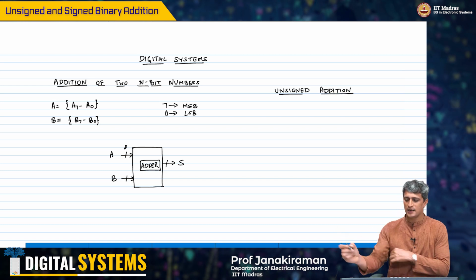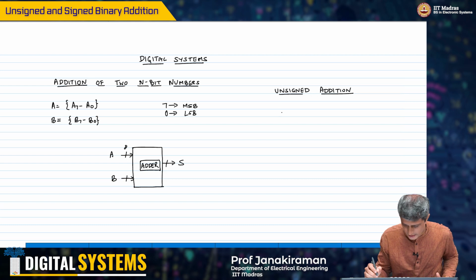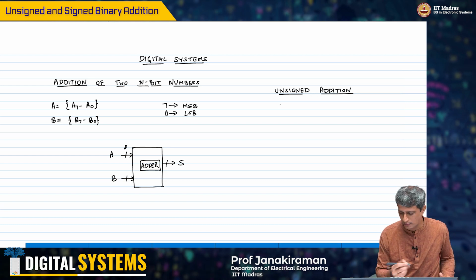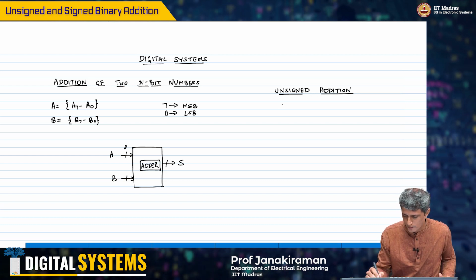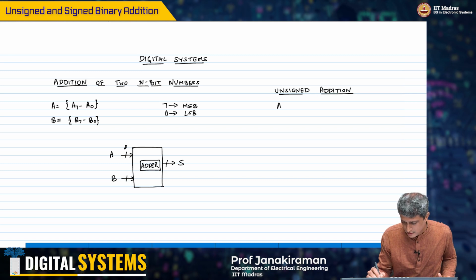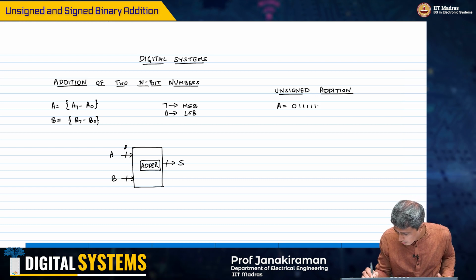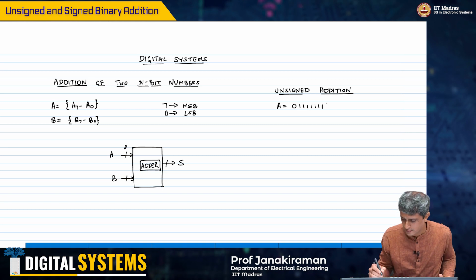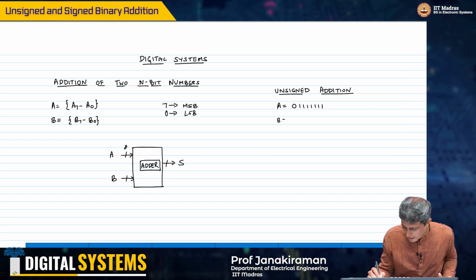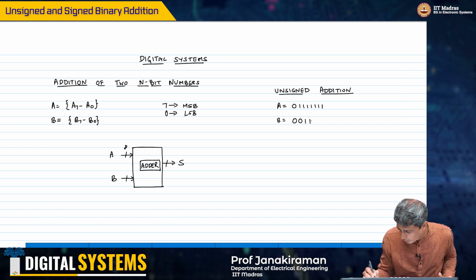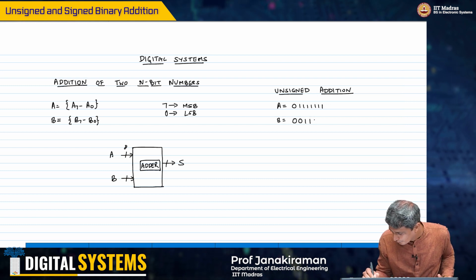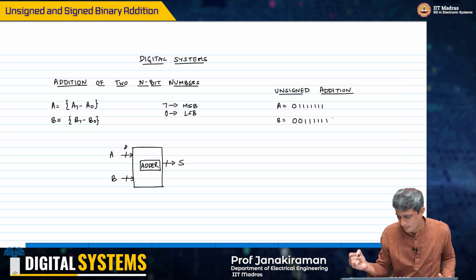Let us take an example where A is 0, 1, 1, 1, 1, 1, 1, 1, and my B is 0, 0, 1, 1, 1, 1, 1, 1.